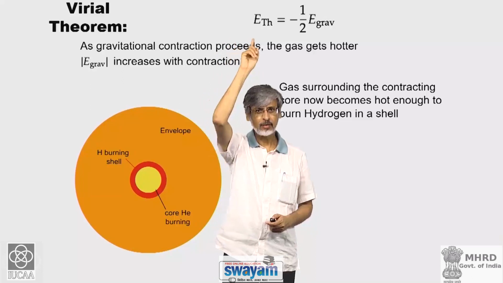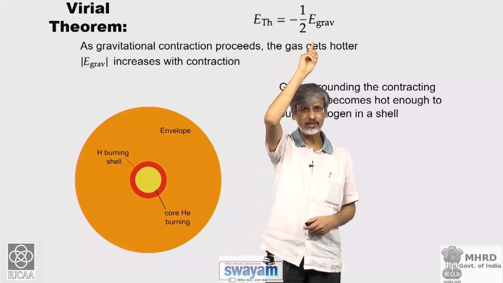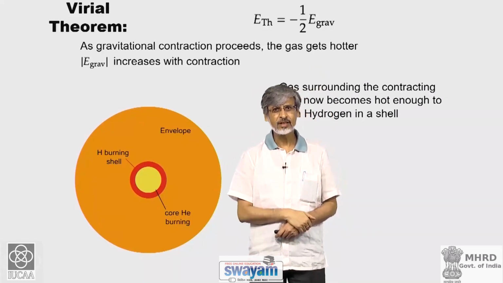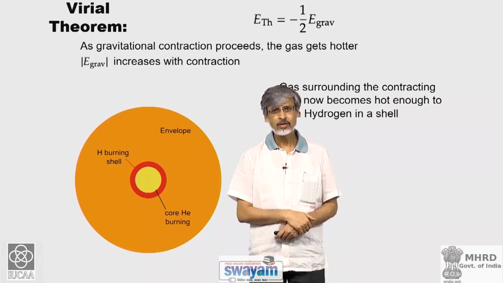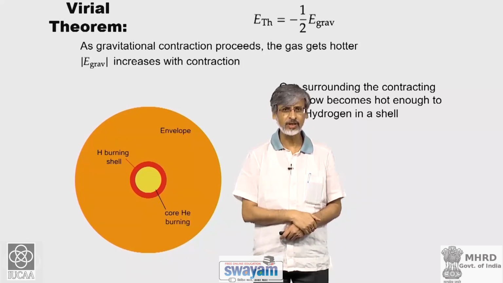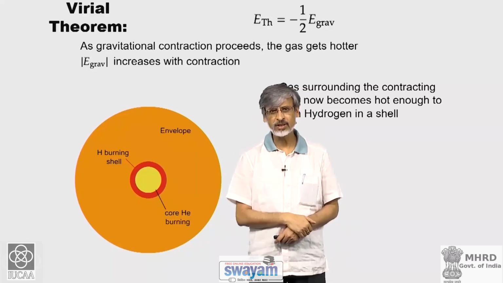That is, thermal energy is half of the gravitational binding energy. Now, as the gravitational binding energy rises, this actually leads to the net thermal energy also rising. 50% of the rise in the gravitational binding energy goes into thermal energy, and the other 50% is lost in radiation.